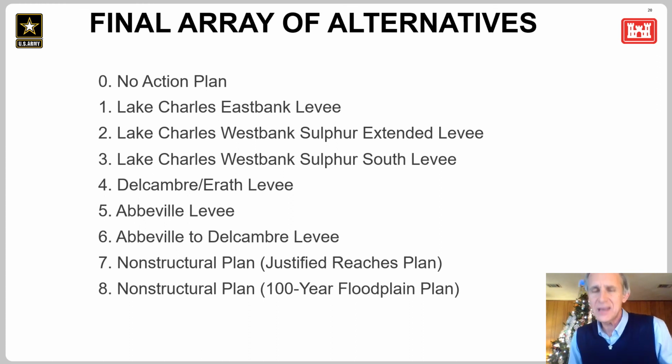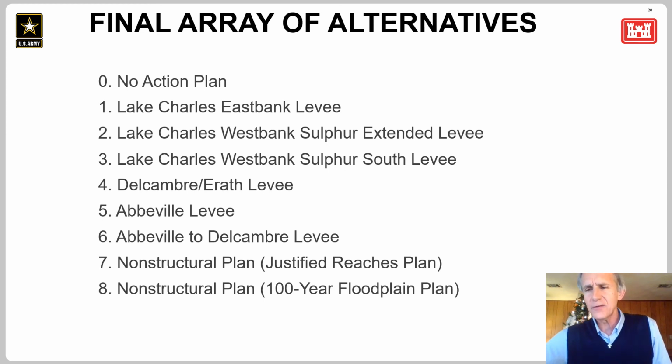So what we ended up looking at is non-structural plans, and we said, wow, they're outperforming the structural plans. And so that's what we'll talk about later in the presentation, non-structural solutions as a solution to flood risks.